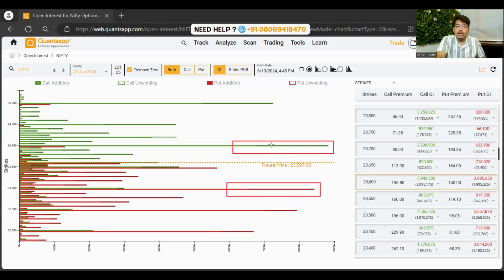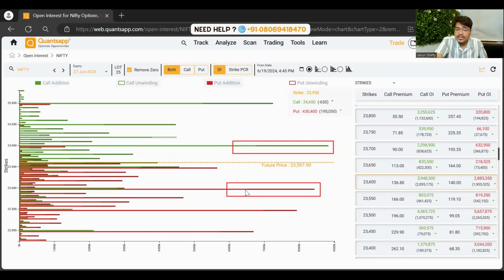That means the most call writing positions are being created at this particular strike. Call writers are pretty confident that price will not move beyond this strike. They are expecting that the market will expire below 24,000. On the monthly expiry, all the call writers are expecting the market to expire below 24,000.